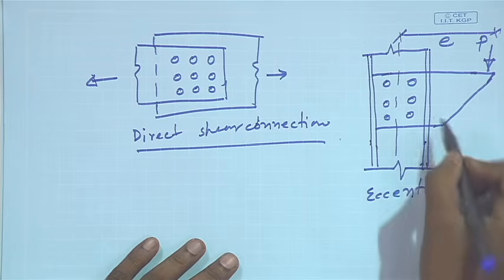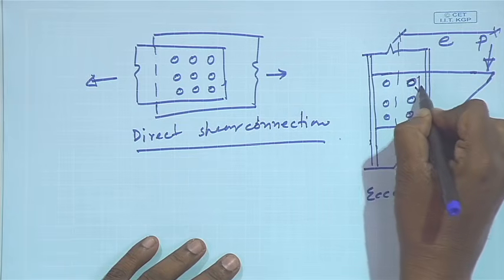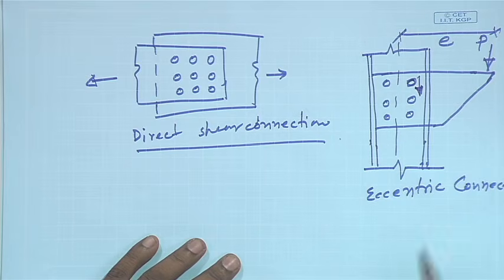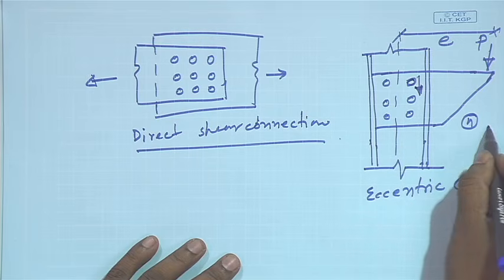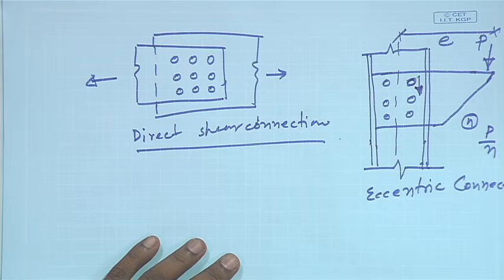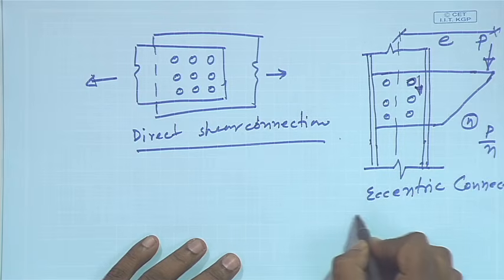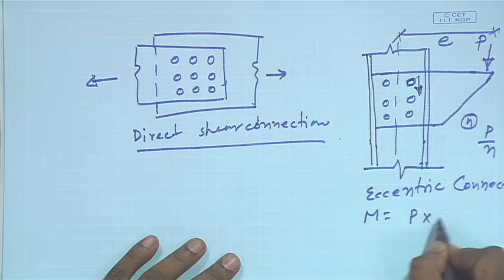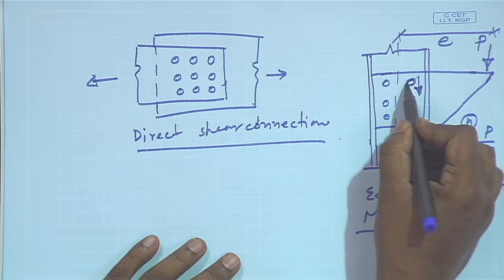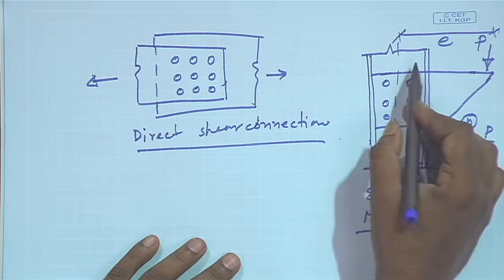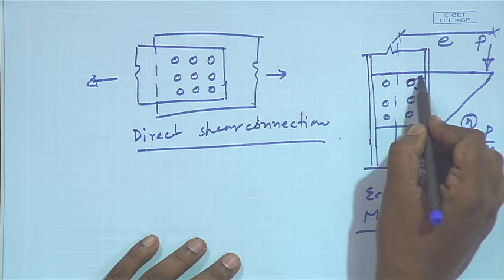So, for eccentric connection, here the bolt will carry the direct load in this direction, P by N. So, if N is the number of bolts, then in each bolt the force will be P by N, and also the moment will be P into E. Because of this moment, the bending stress will develop, and because of that certain stress on the bolt will develop.